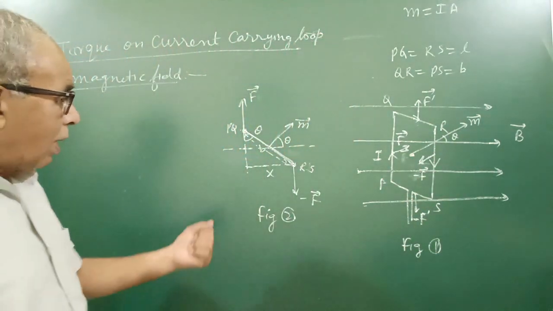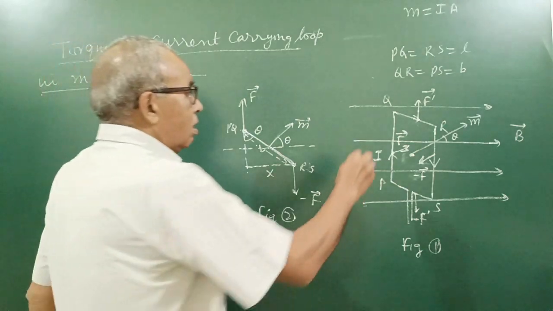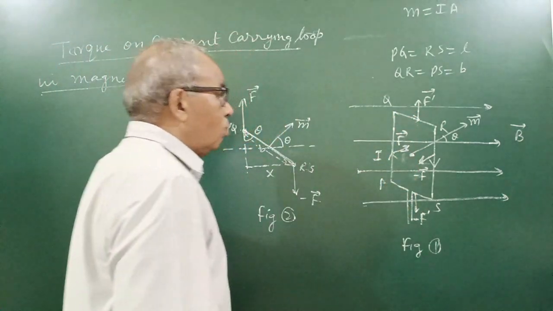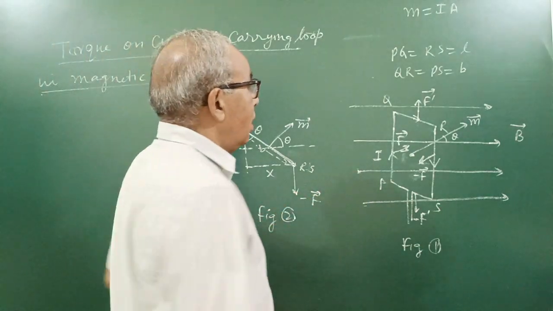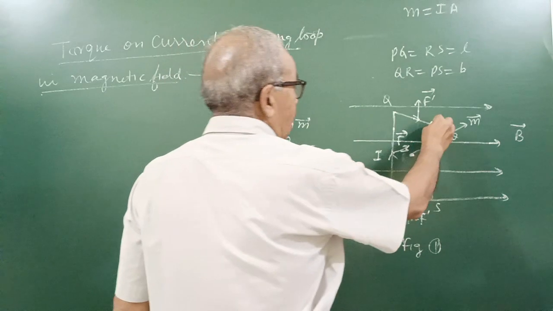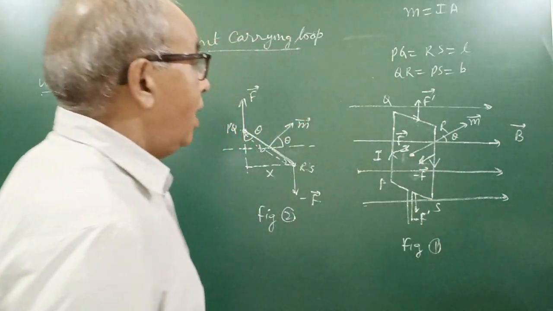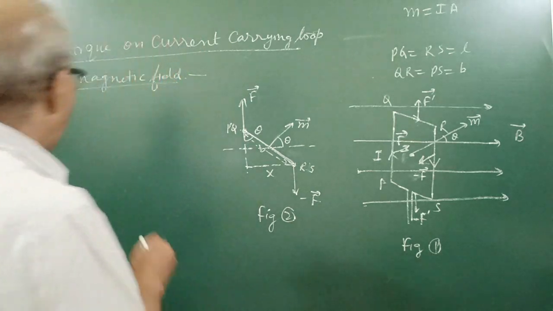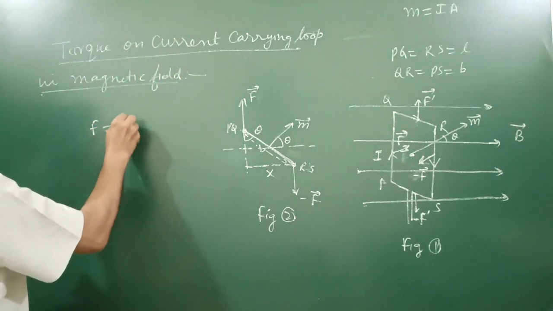In figure 2, what I have shown, this side PQ being perpendicular to magnetic field, carrying current I, has length L. This is breadth B. This is also length L. Force F equal to BIL. Magnitude will be BIL.